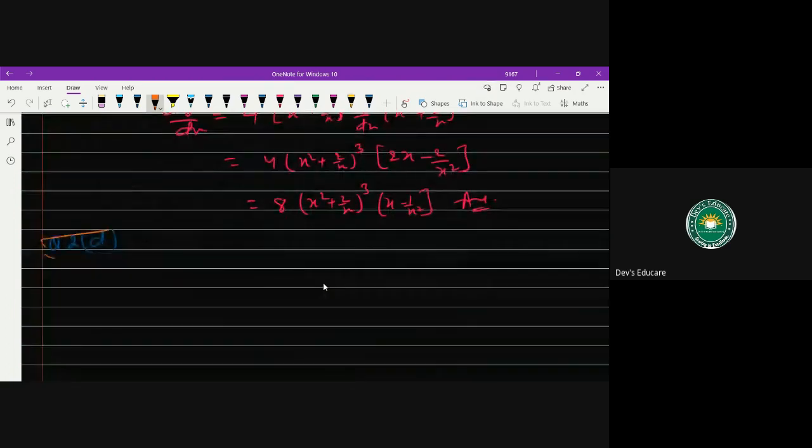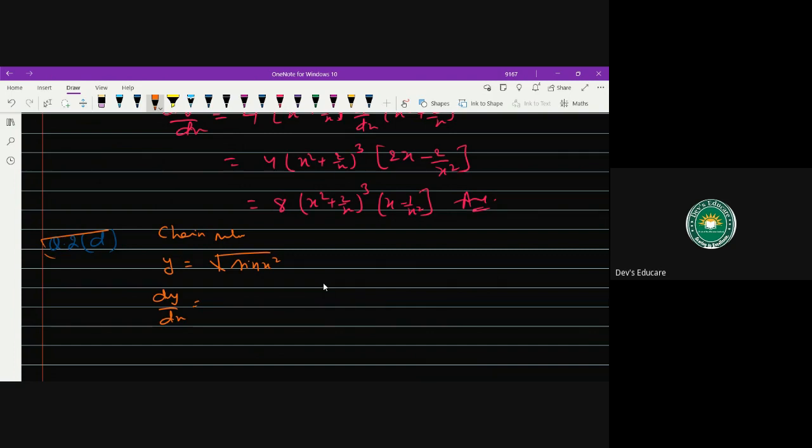Suppose we have root over sine x square. Okay, this is the function. So dy by dx, what we can do, first we will consider this root.